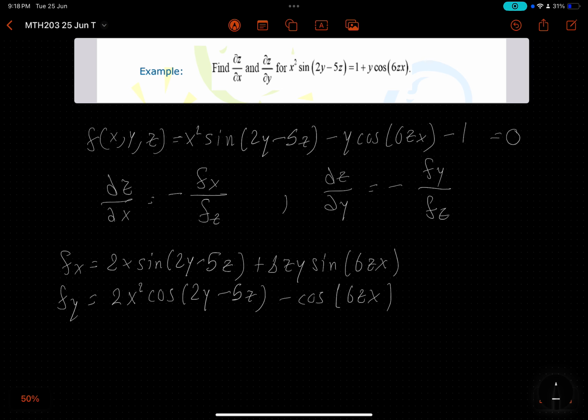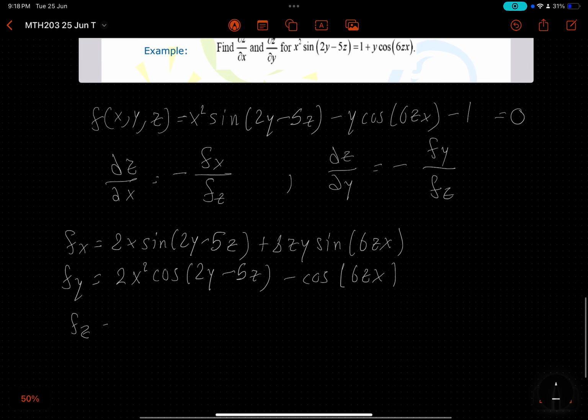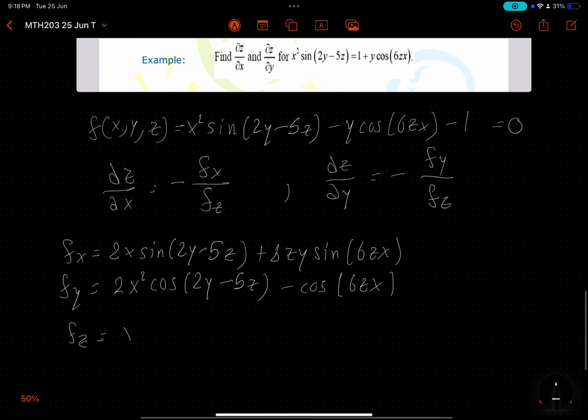And then fz is minus 5x squared cosine of 2y minus 5z plus 6y sine of 6zx.